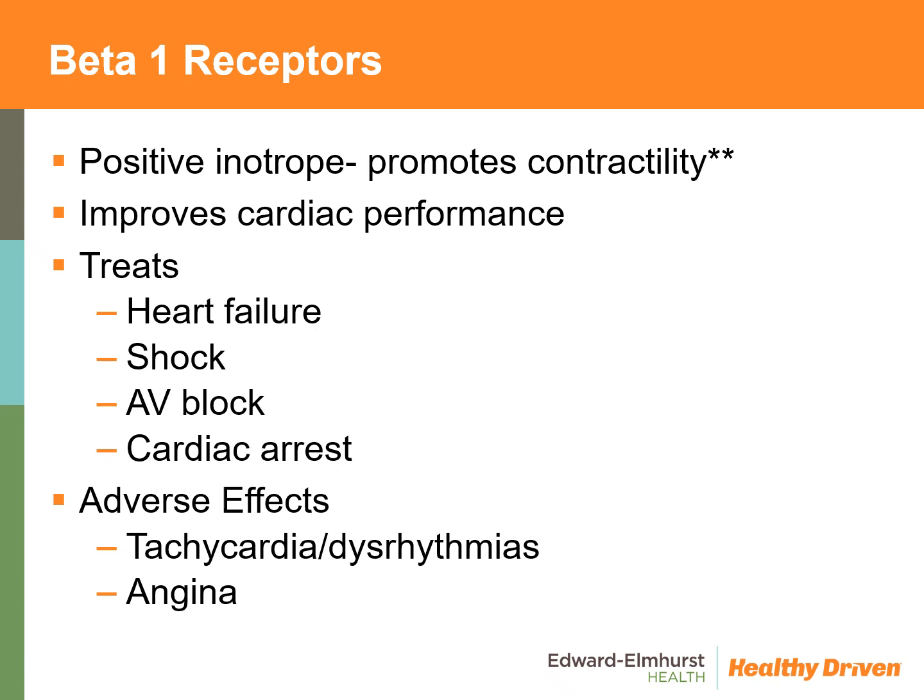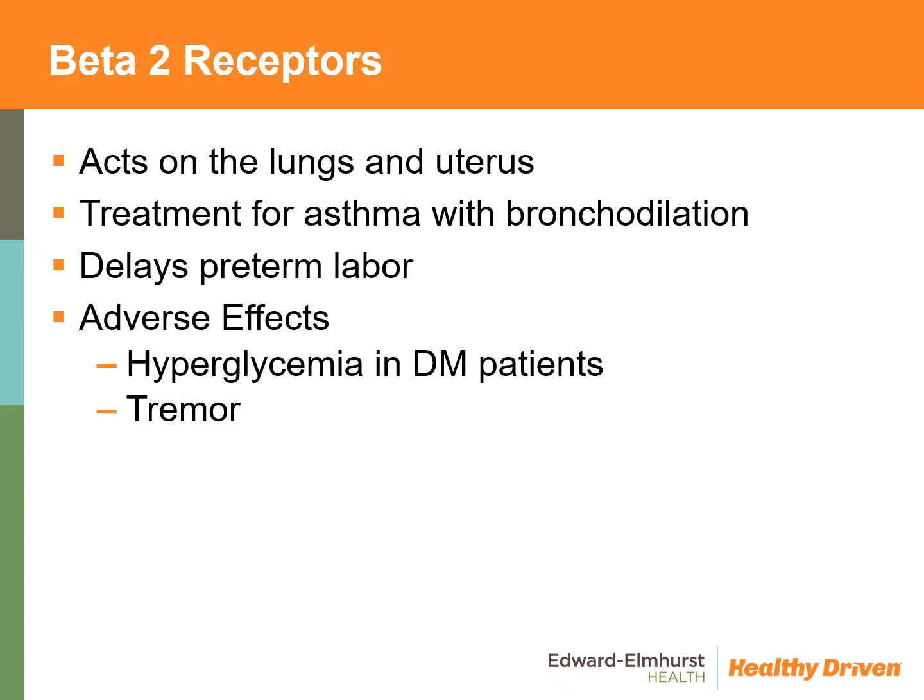Your beta-1 receptors are positive inotropes. They promote contractility. They improve cardiac performance, treat heart failure, shock, AV block, cardiac arrest, and then the adverse effects are tachycardia, dysrhythmias, and angina. Your beta-2 receptors act on the lungs and the uterus.